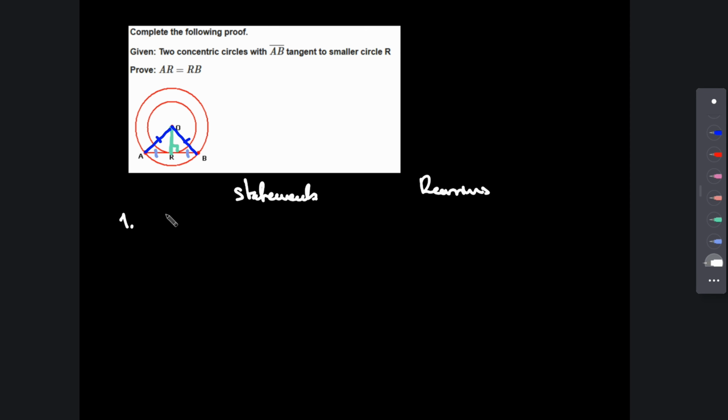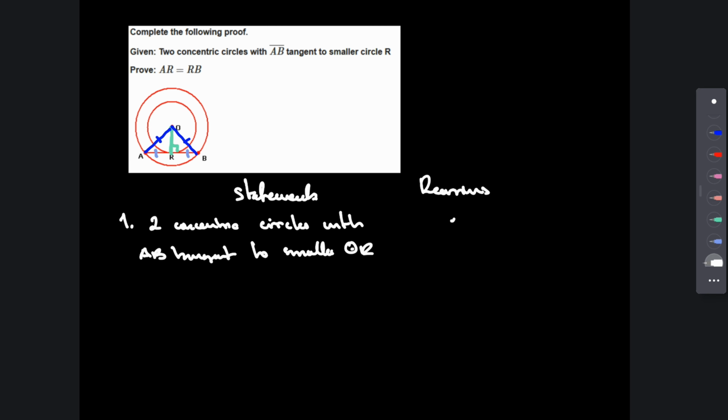So we have two concentric circles with AB tangent to smaller circle R. This is our given.